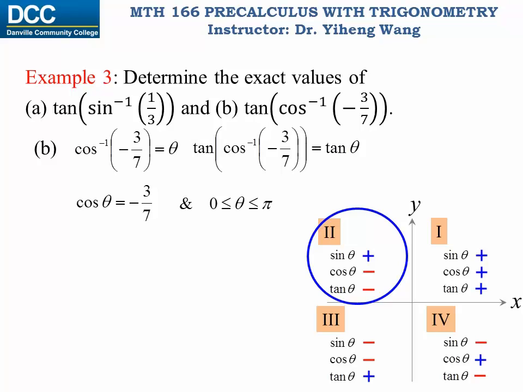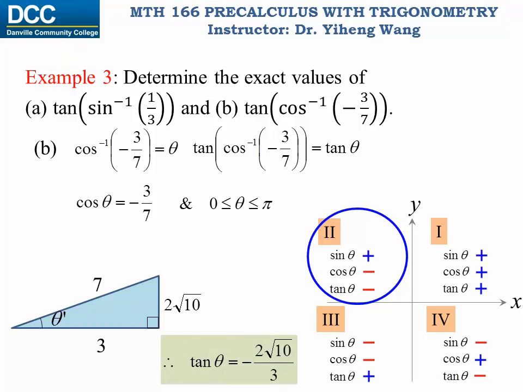With all that information, we can draw our right triangle, mark the correct sides, calculate this last side here, and using this reference angle, we can determine tangent theta to be negative 2 times square root of 10 over 3. It is negative because, once again, we determined that angle theta is in quadrant 2.